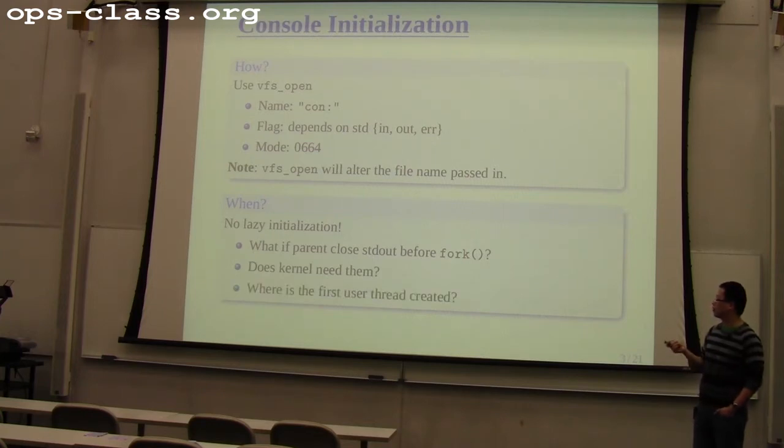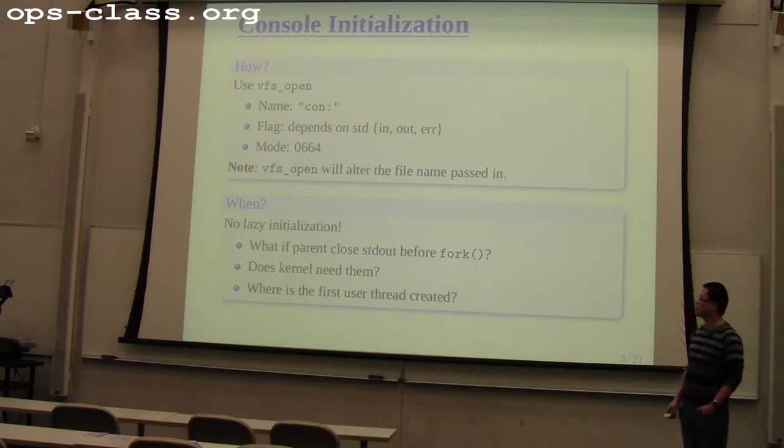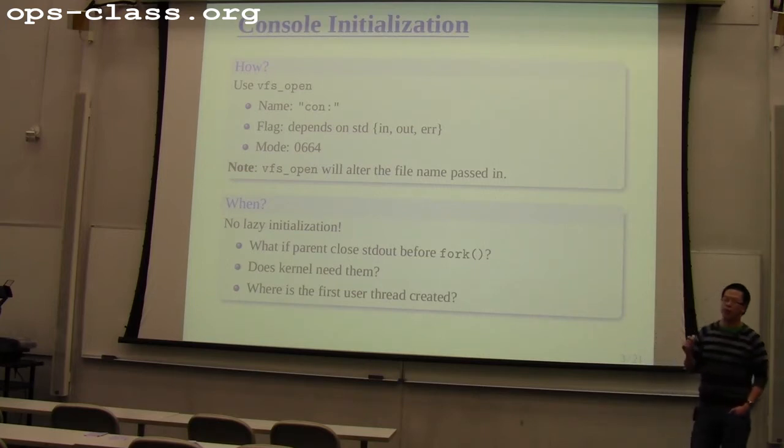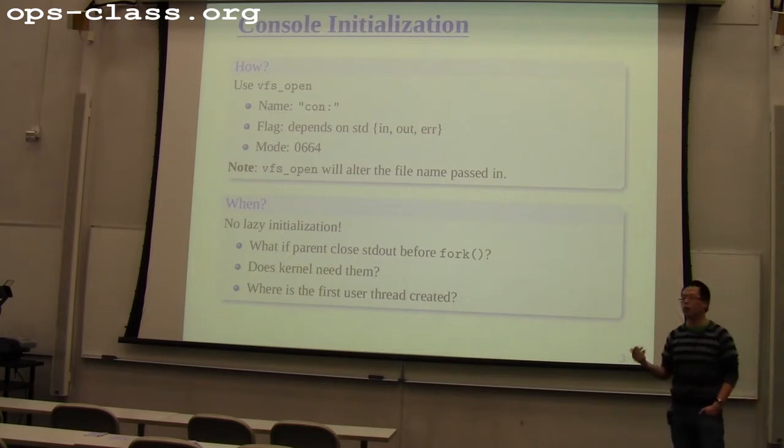Yeah, the first user thread is created in the menu when you type some command. So that's probably where you want to initialize the console. More specifically, when you type the command s, the menu will call thread_fork to create a new thread, right? And then in that new thread, there is a function called runprogram, which basically replaces the current address space with a new user address space and executes the user thread.